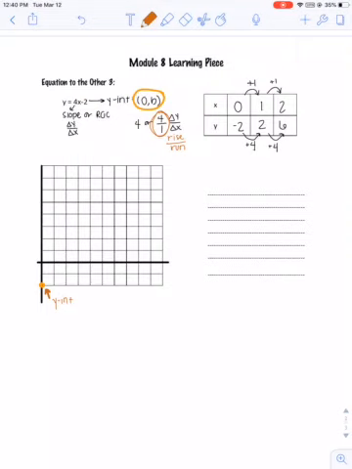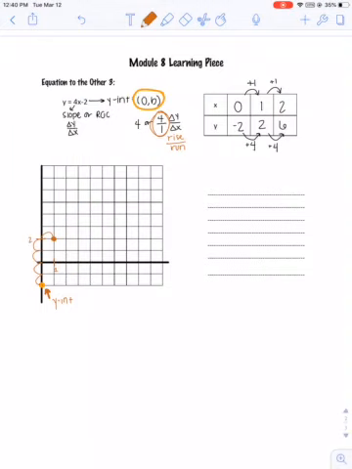So remember, we can't move diagonally, we have to move at right angles. So that 4 for our rise, it's a +4, so I'm going to go up 4 points here. And then I go to the right 1 because it's a +1. That's our next point. We can check that with our table. We said that when x is 1, y would be 2, and that's the case.